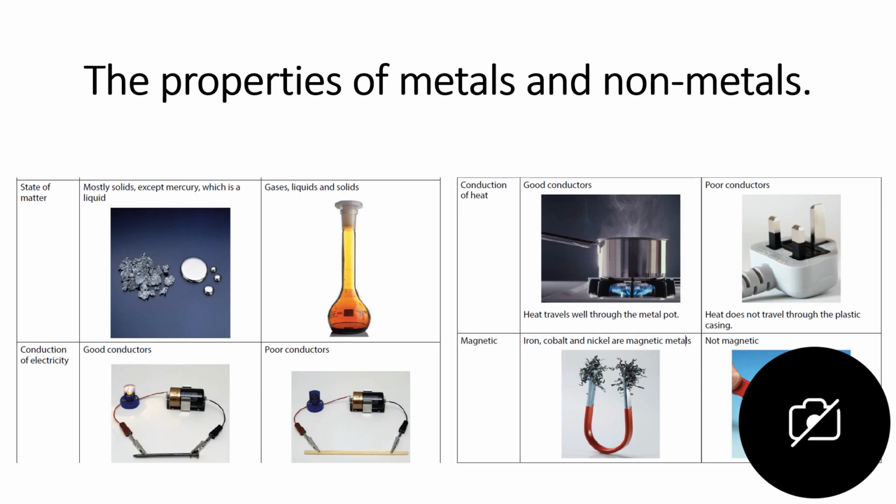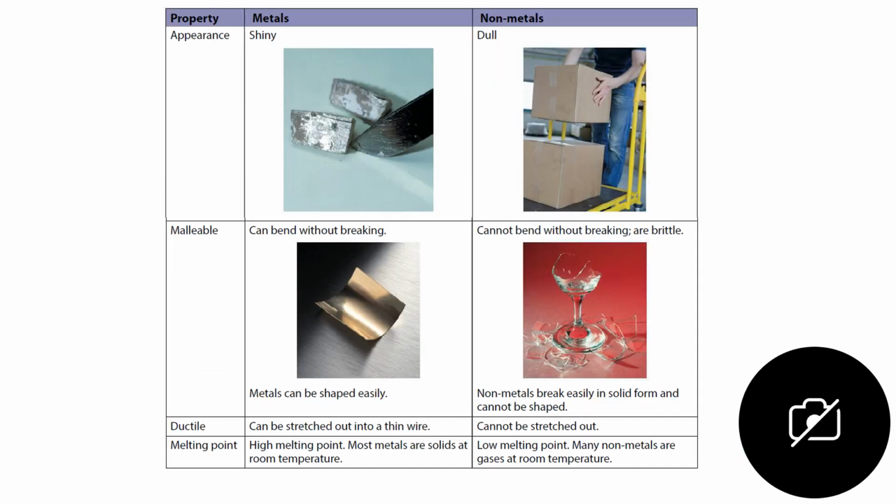With a magnet, metals such as iron, cobalt, and nickel are magnetic, and they're good conductors of electricity. And non-metals are not good conductors of electricity. So you must look at their appearance. Metals are normally shiny, non-metals are dull.